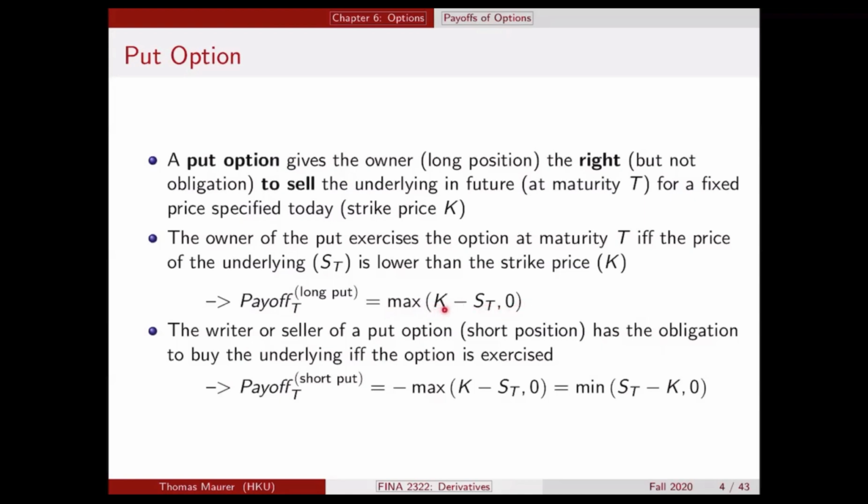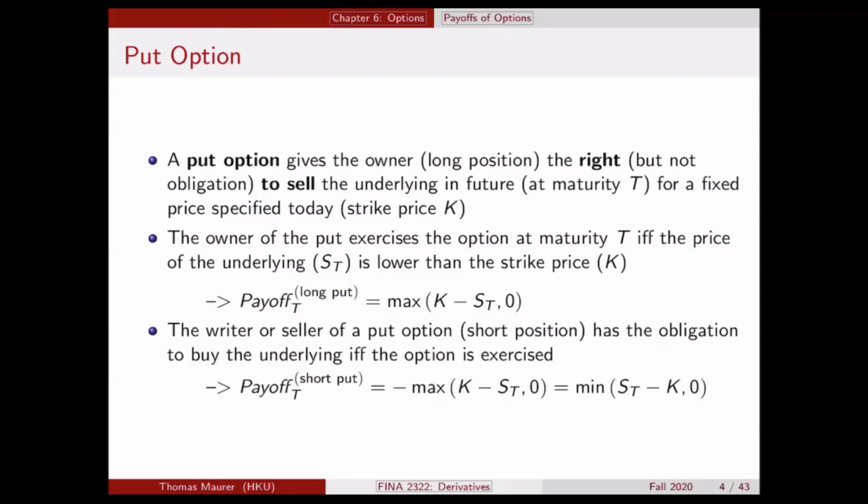So again, when K is larger than S, then you want to exercise, you do want to deliver something which is relatively cheap and receive that fixed price K. But if the price of the underlying is higher than K, well, then you do not want to deliver that expensive asset and receive only K. So in that case, when that is negative, then as a long position, you decide, I do not want to sell, and therefore the payoff is just 0 and the option expires worthless.